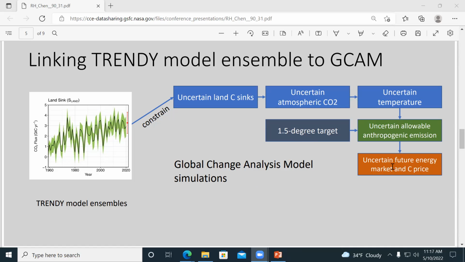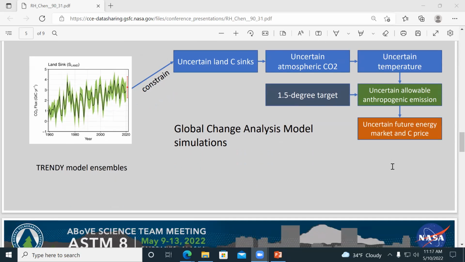In this study, I just focus on the future energy market and the carbon prices generated by using different TRENDY models.